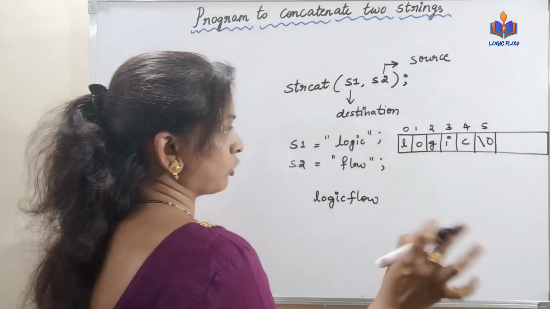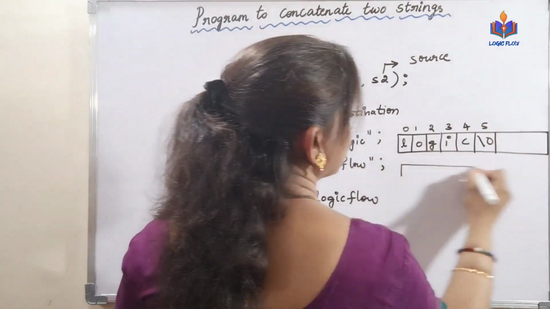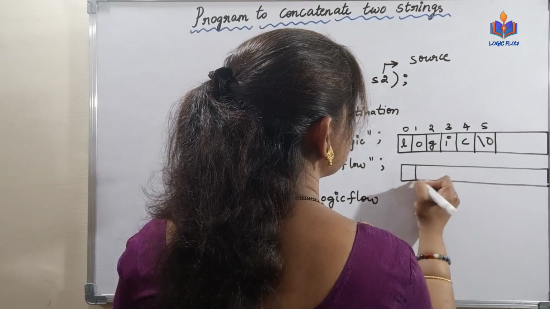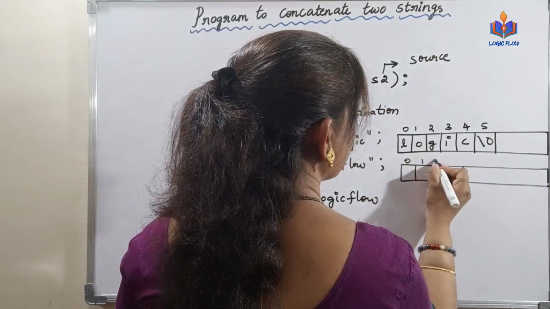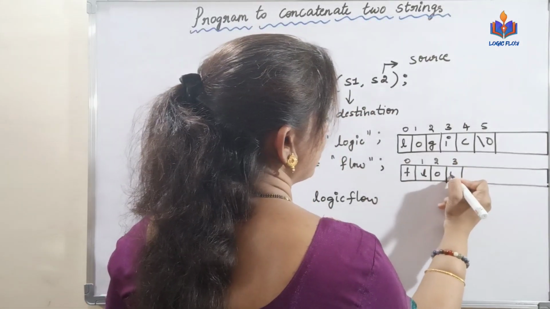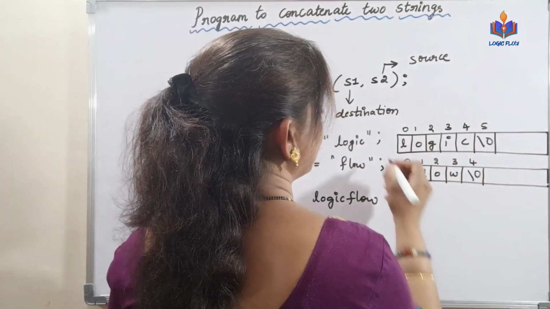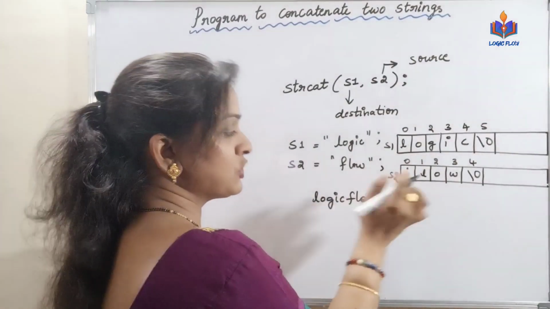It gets appended automatically. Then this is flow, string 2. String 2, again it is 0, 1, 2, 3: F, L, O, W, and we have the null character. So this is S1 and this is S2, string 1 and string 2.